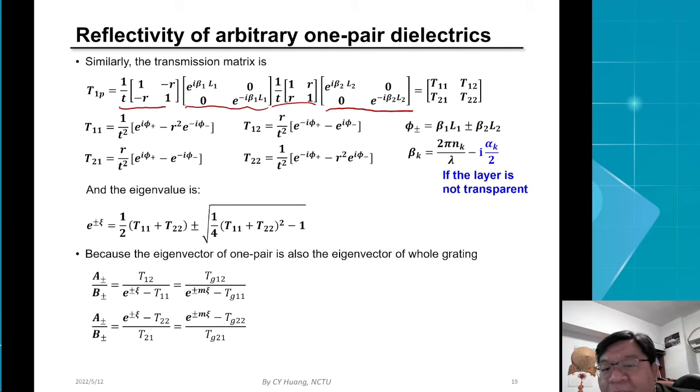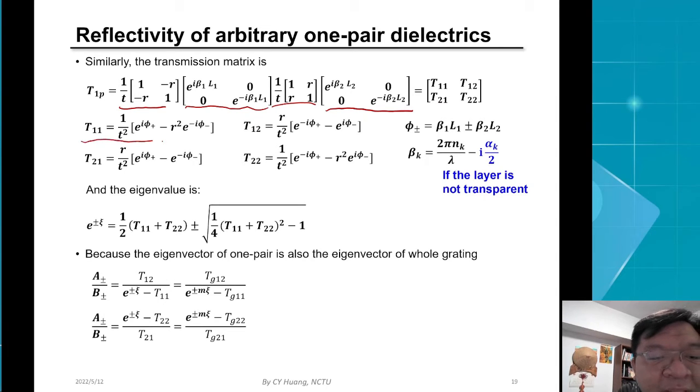You can probably try to do that by yourself. It's just the multiplication of 4 matrices, a little bit tedious, but not that difficult. Anyway, the final T11, T12, T21, each element can be written in this way.